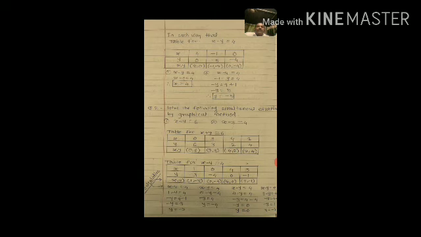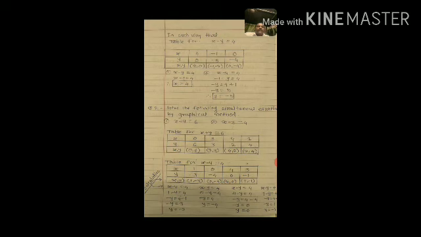Then the second table, for the second equation, x minus y is equal to 4. In this way this second table is formed. The first value: y is equal to 0 is put in the given equation, x minus y is equal to 4, therefore x minus 0 is equal to 4, and then finally x is equal to 4.